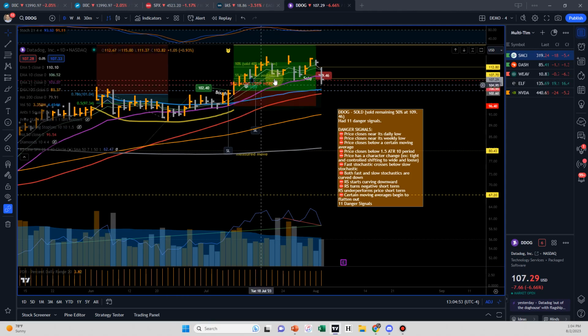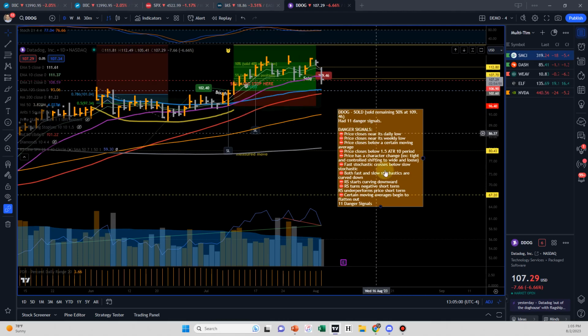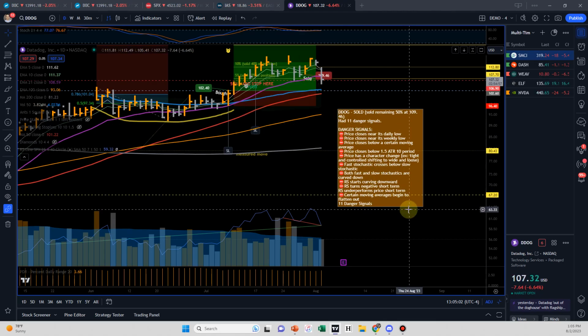I don't have the playbook open right now, but you could go look at the danger signals tab. The ones that it happened to have on this day are all outlined right here, and there were 11 of them overall. If there's 11 danger signals on a trade, then that's plenty reason for me to call it quits right there. Even if price rallies, right?